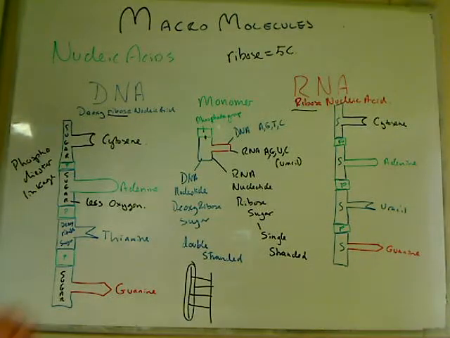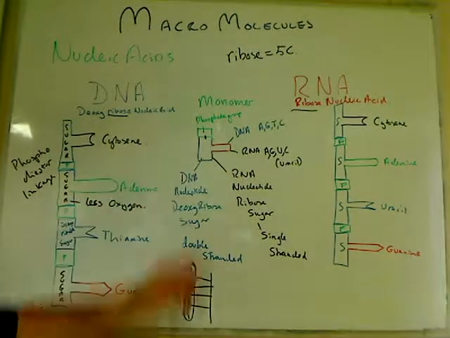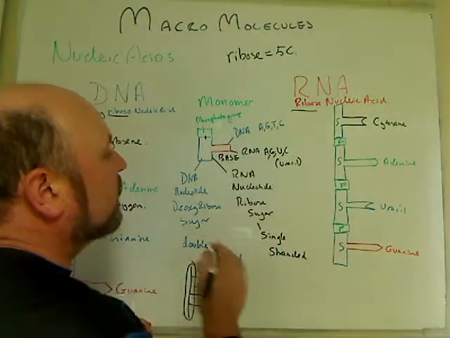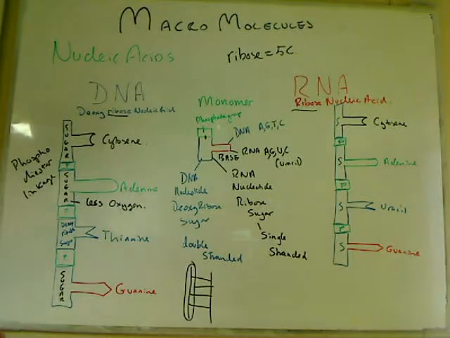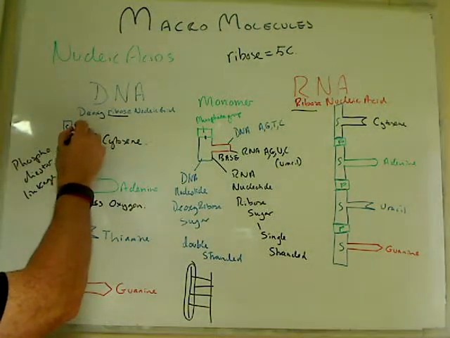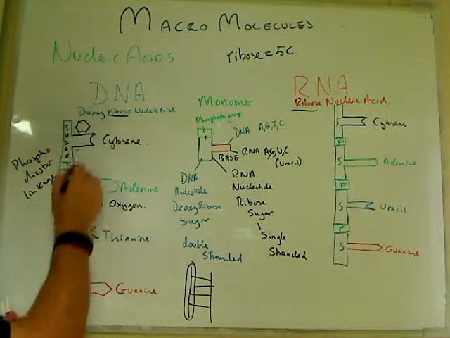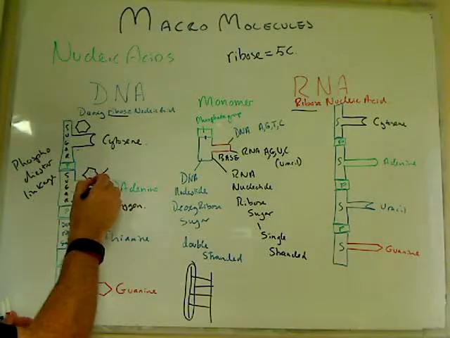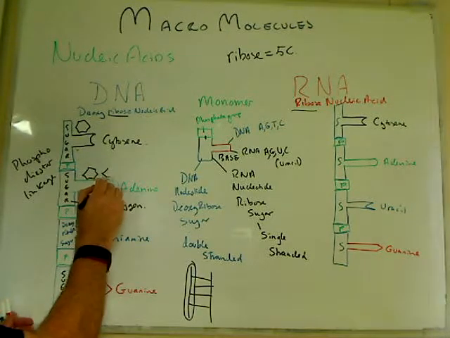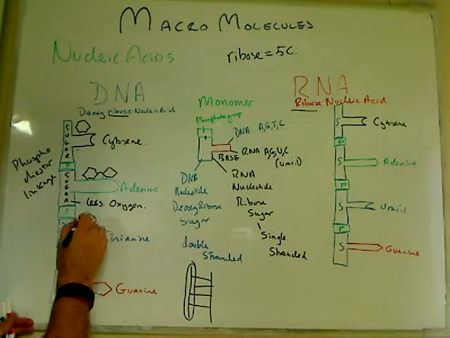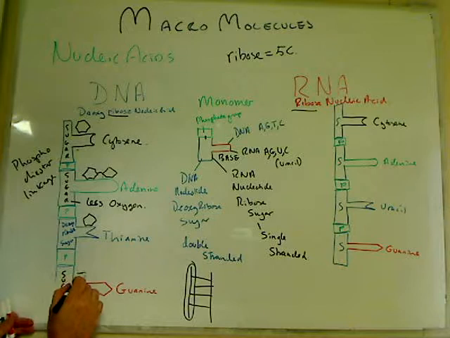So there's our backbone. Sticking out, the third part is the base. And there are 4 bases in both. So for DNA, the short bases, because this is a 1-ring structure, and these are 2-ring structures. These are not accurate in terms of their structure. I just want to give you the impression of what I'm talking about.